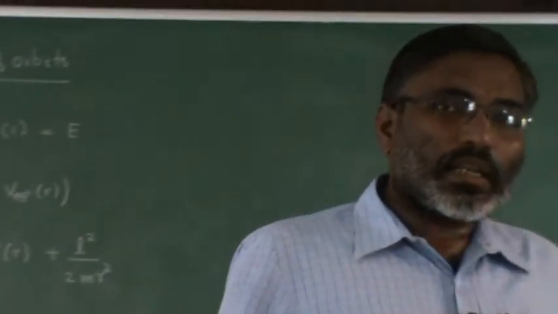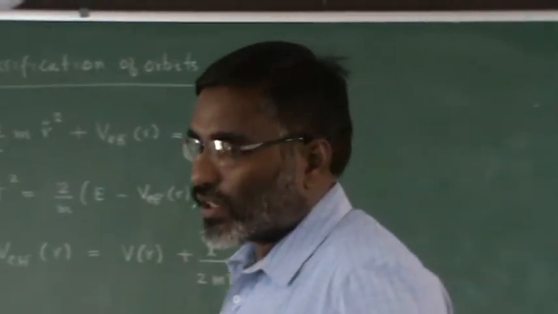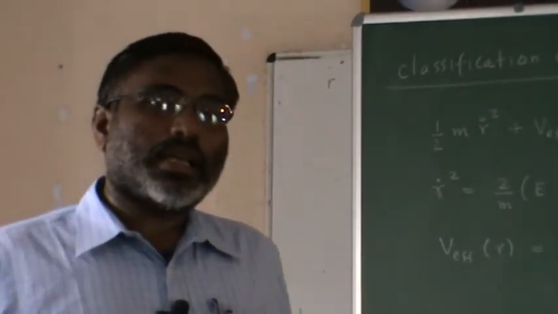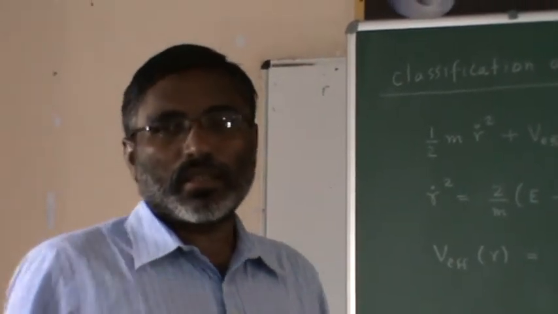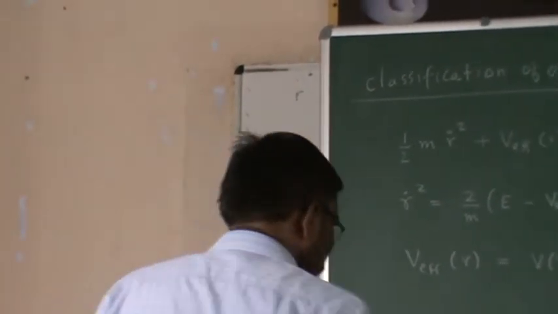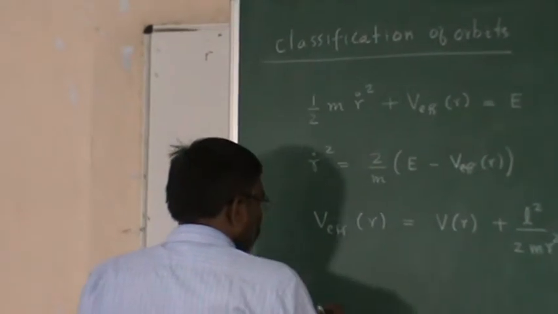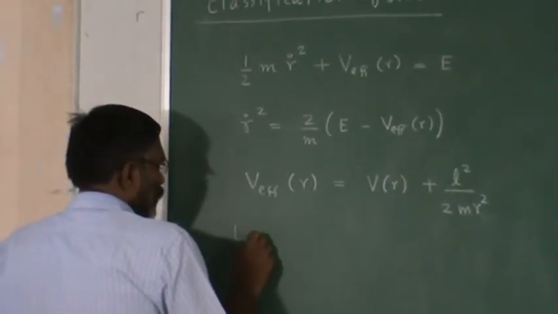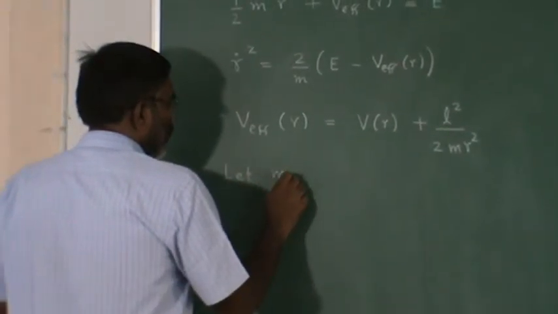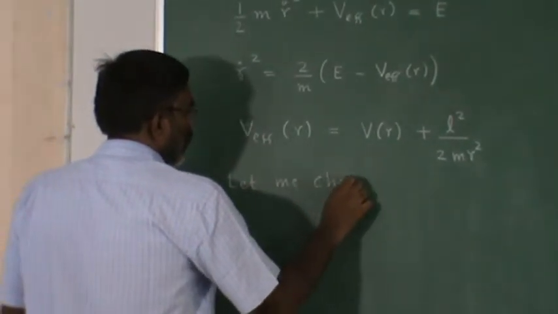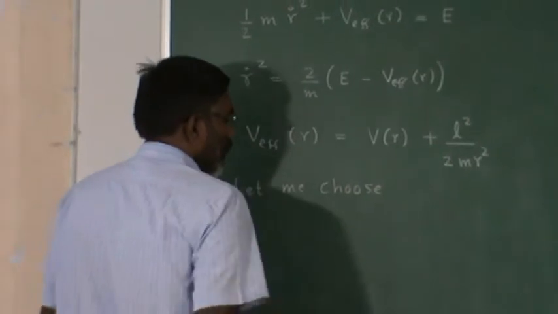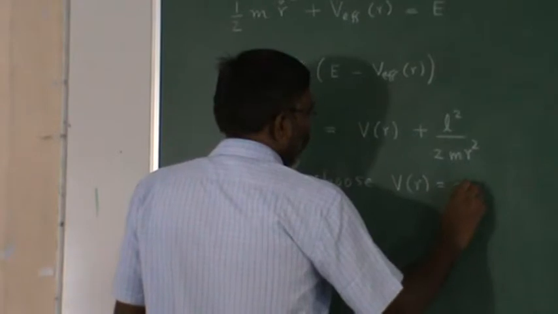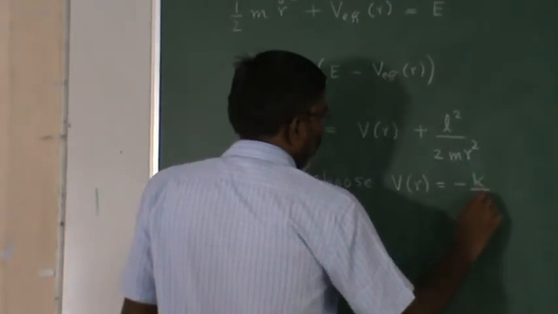The following analysis I will do with a particular choice of V of r, but the conclusions I claim are more general than the particular choice that I have to choose. So let me choose V of r to be equal to minus K by r.